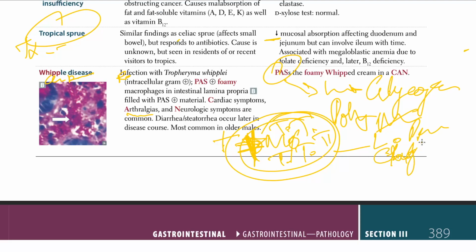So in the lamina propria you have the lacteals. Lacteals are the lymphatic channels that take up all the fat, and through lymphatics, the chylomicrons go into the blood, right?